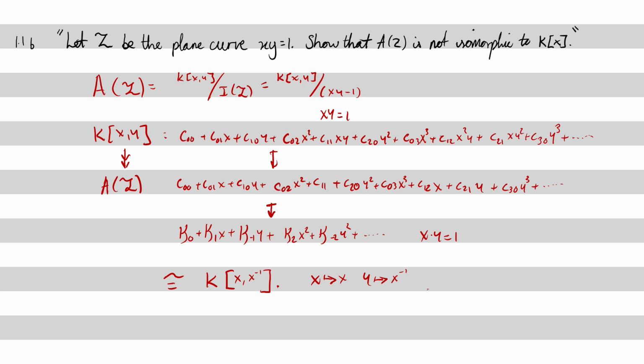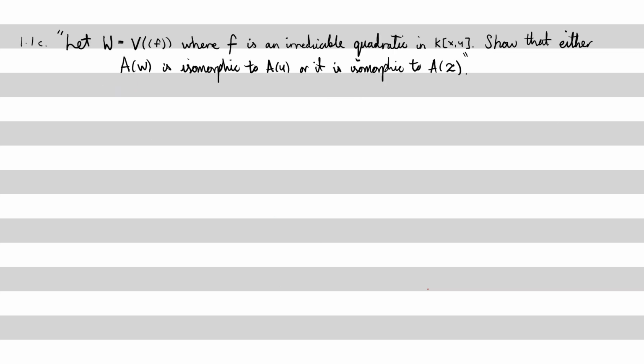But I think that we should move on to 1.1c, where this is a question essentially about the classification of conics, which are quadratic polynomials in two variables, or polynomials whose degree is 2.